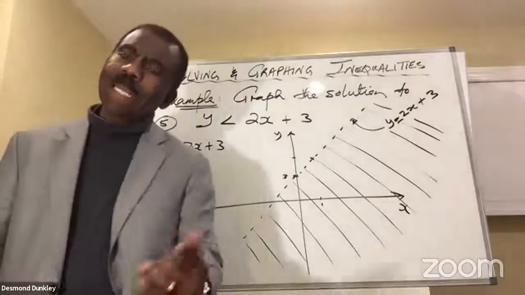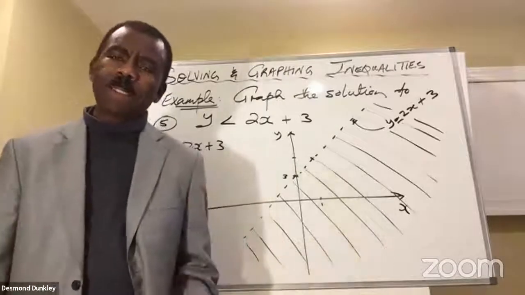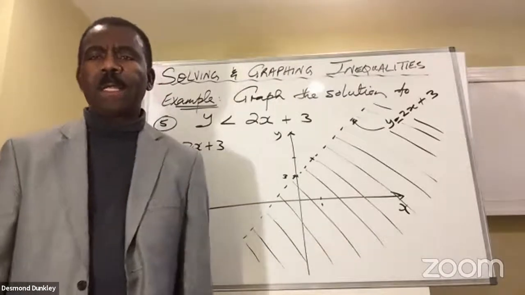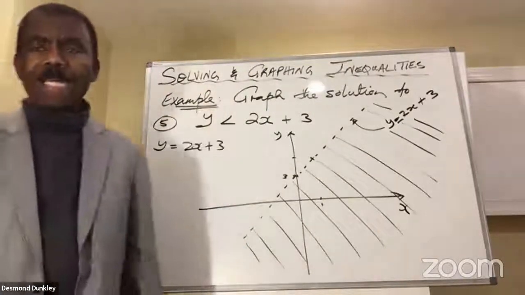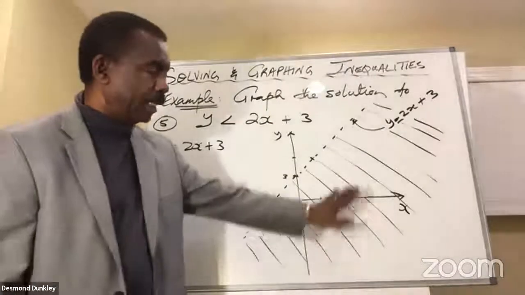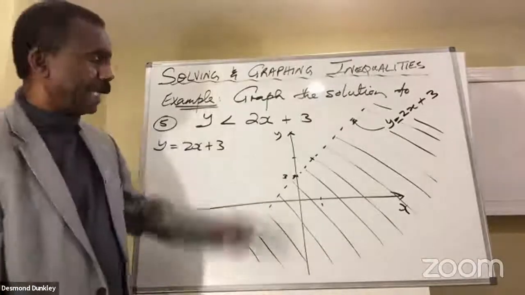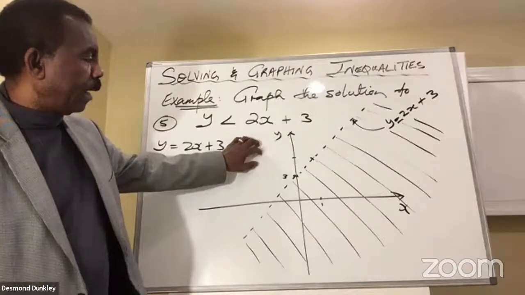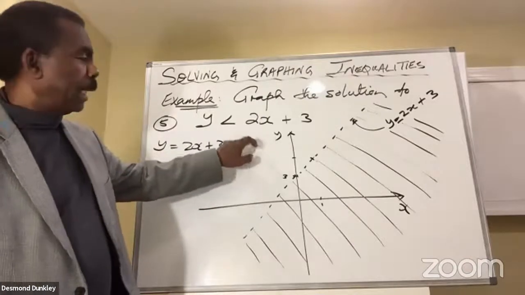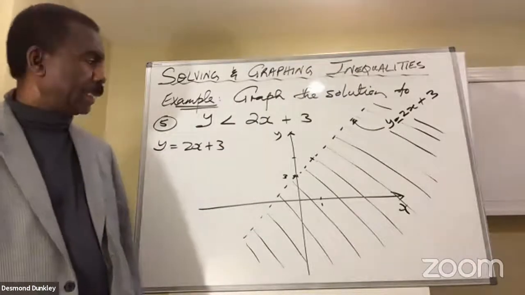So let's test to see if we're correct. The shaded region represents all the points that satisfy that inequality. Every point in this region satisfies that inequality. So if there's a point that is over here, then it should fail when you try that test.